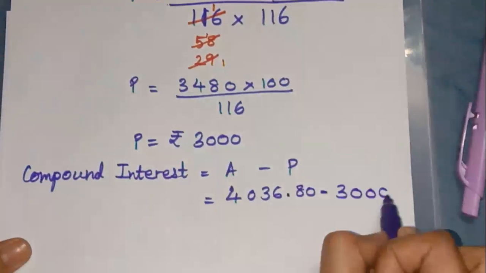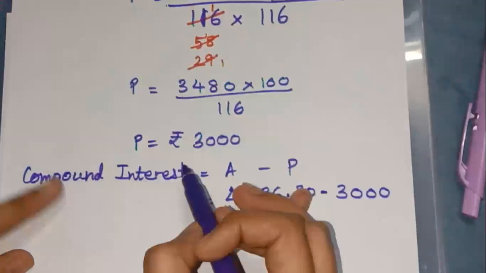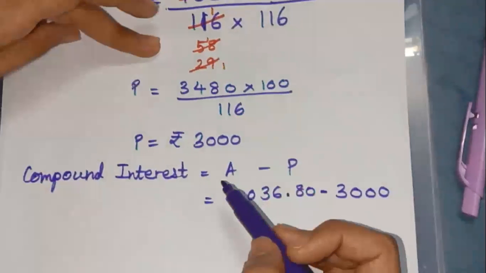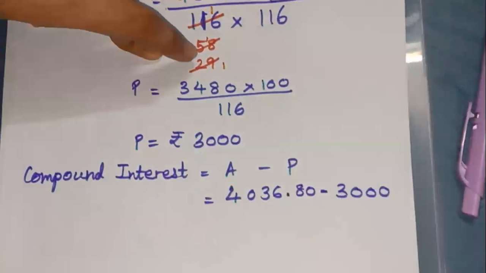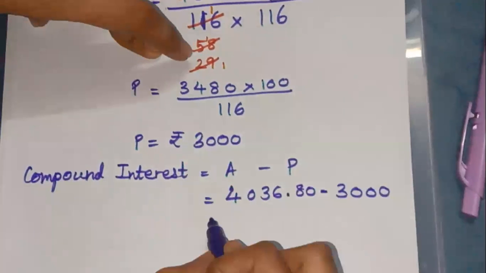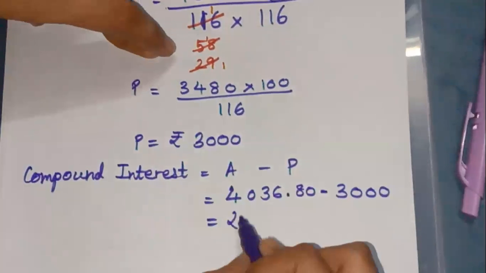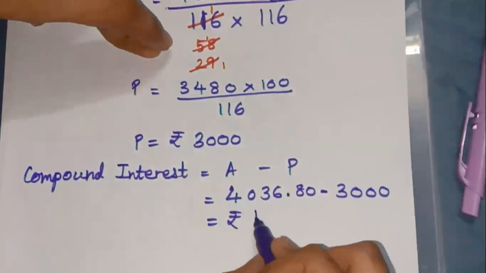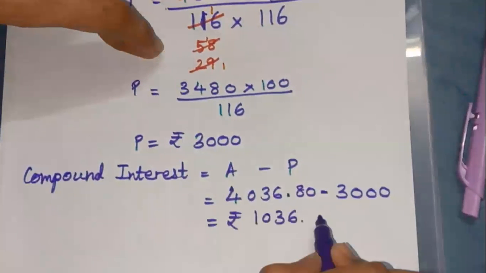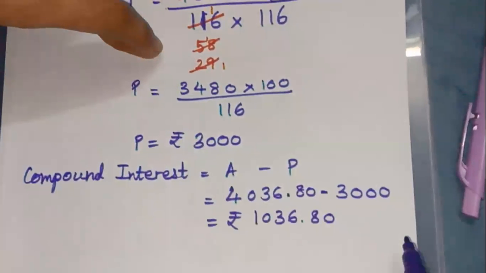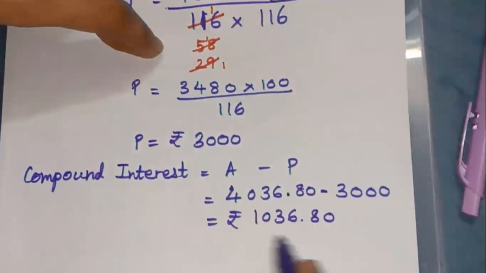This principal we have found out. Now we will write the subtraction of these two. So what answer will you get? You will get the answer as rupees 1036.80. So this is your final answer.